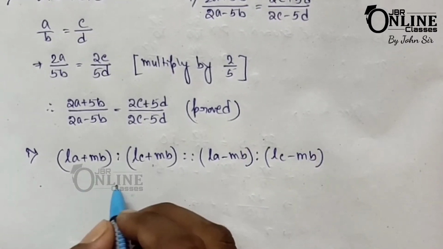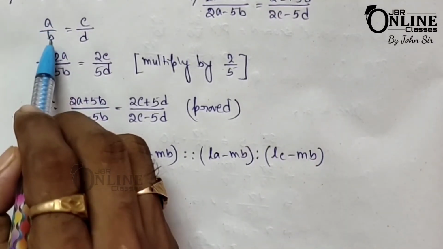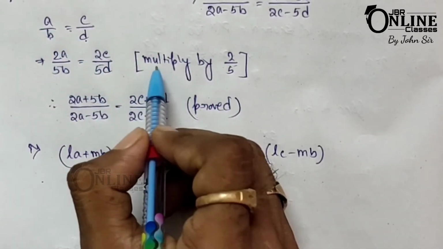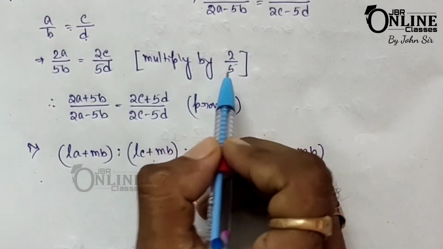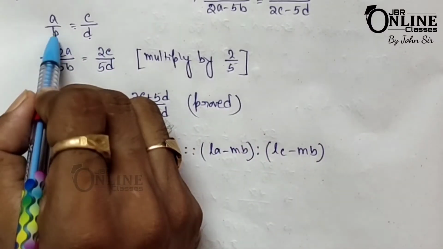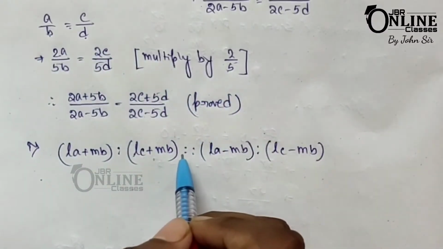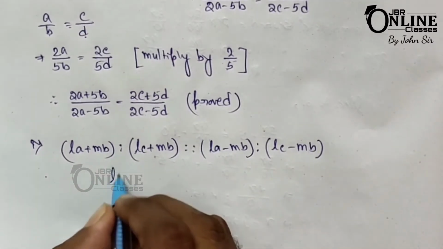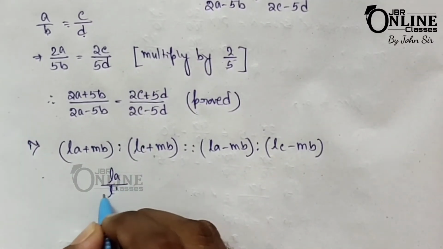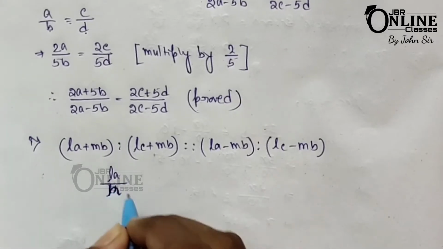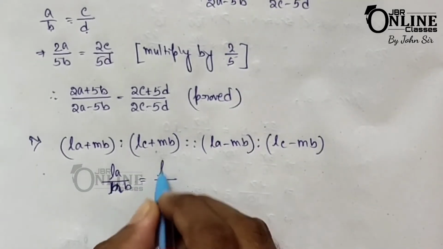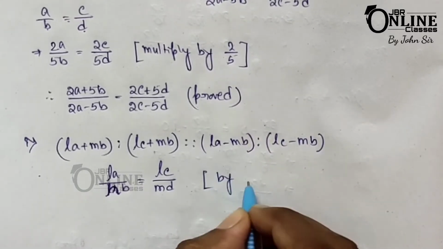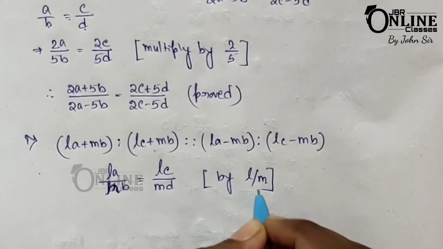Okay, so that means as A by B equal to C by D, now if I multiply this one by L by M, then it will be LA by MB, that equal to LC by MD. Okay, multiply by L by M.